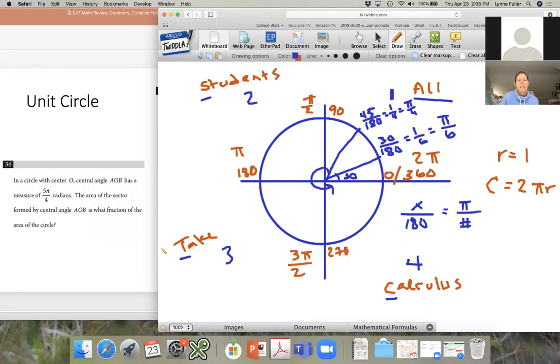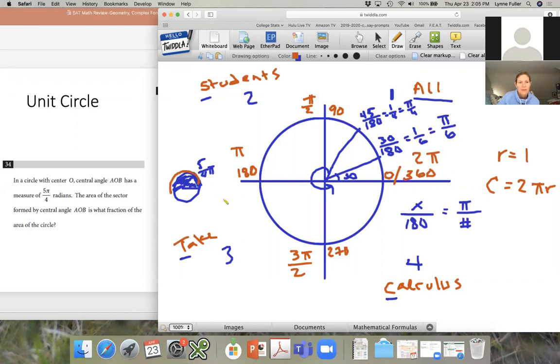Okay, so let's turn our attention to number 34. In a circle with center at O, angle AOB has a measure of 5/4 pi radians. Essentially, you have a circle and you have this length of the arc, and that's known as 5/4 pi. Oh, by the way, that's like 1 1/4 pi. That angle would be way over here. Let's be real. So really that would look like that.